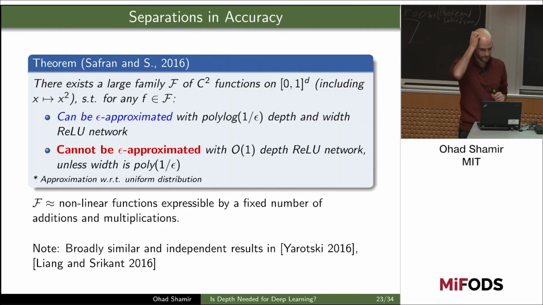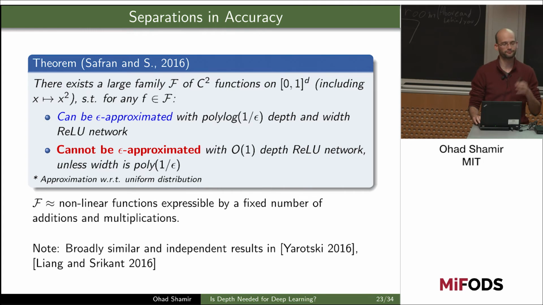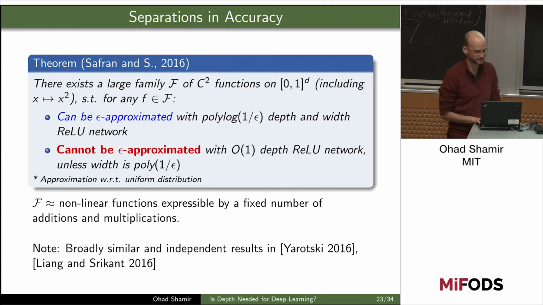Okay, so in terms of accuracy, what you can show is that for a pretty large family of twice differentiable functions on the unit cube, including, for instance, something very simple like x maps to x squared in 1 dimension, then on one hand, you can epsilon approximate it with polylog depth and width, polylog in 1 over epsilon.